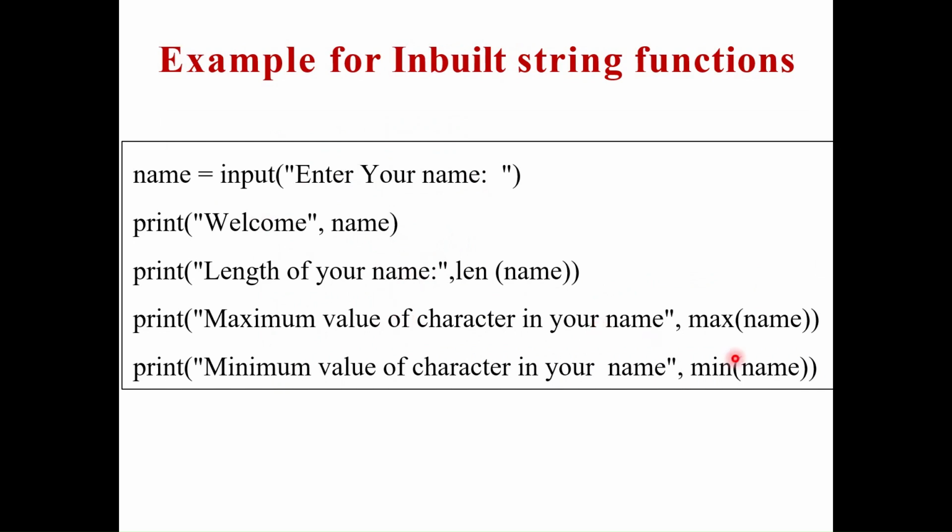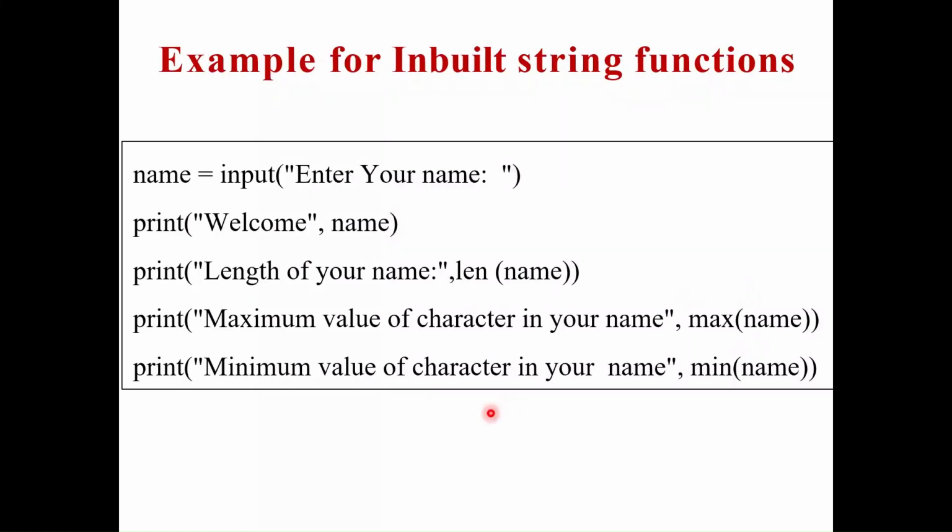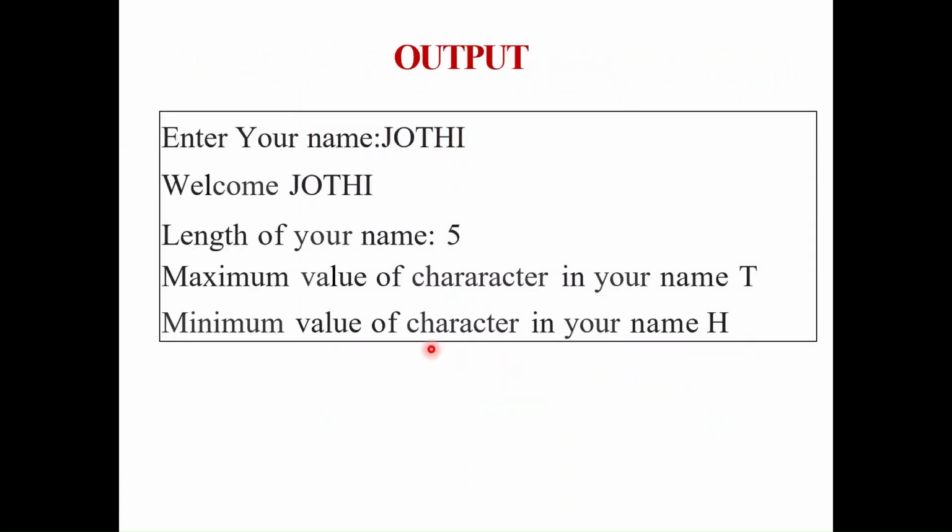And it is getting the maximum ASCII value for the character. So it returns the character P, which is having the maximum ASCII number. Similarly, the last function returns a min value. It returns the minimum ASCII value for the character H. So in this way, the three functions are the basic functions with which we can find the length, the maximum ASCII value character, and the minimum ASCII value character.